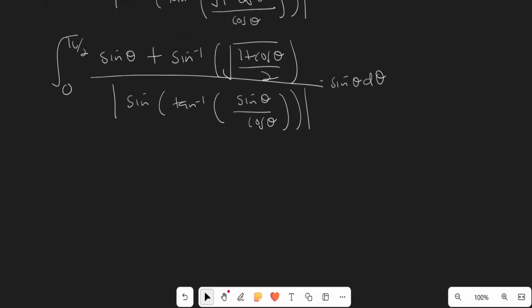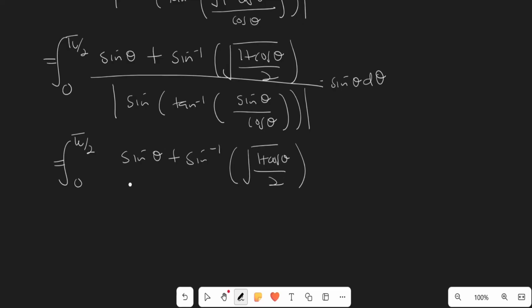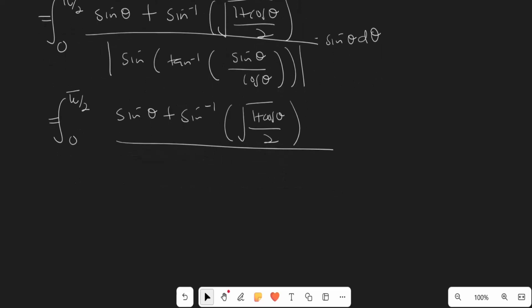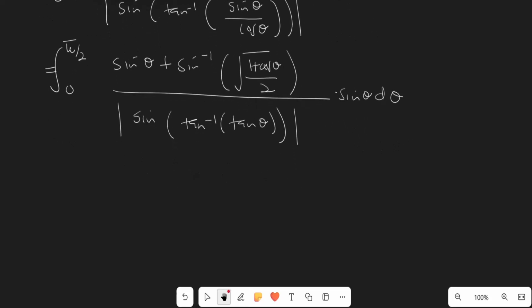Sine theta over cosine theta is tan theta. So this will be sine of theta plus sine inverse of the square root of 1 plus cos theta over 2, like this, divided by the absolute value of sine of tan inverse of tan theta, times sine of theta d theta.